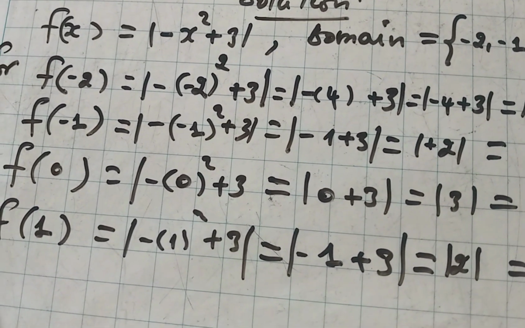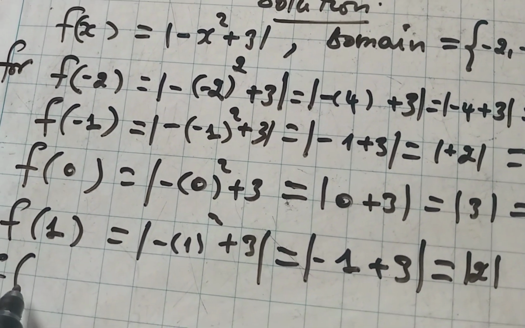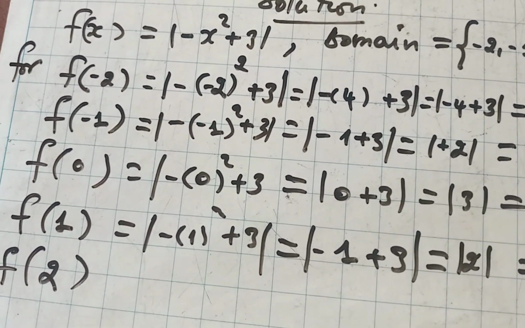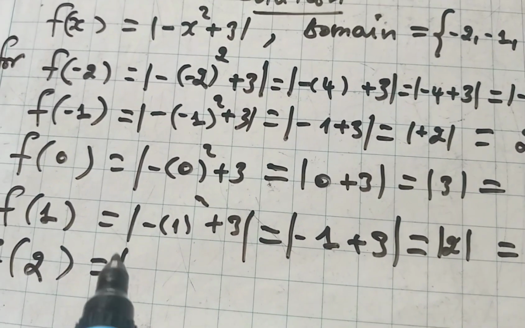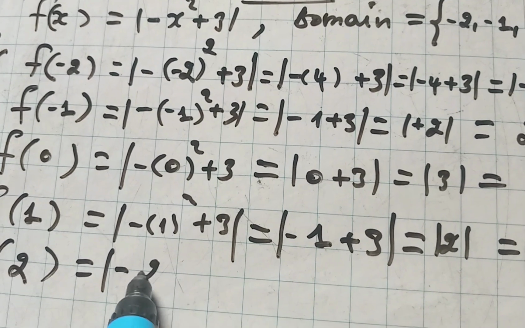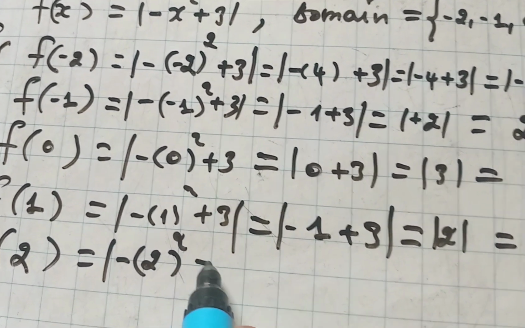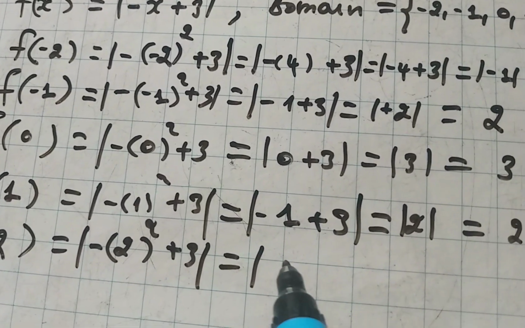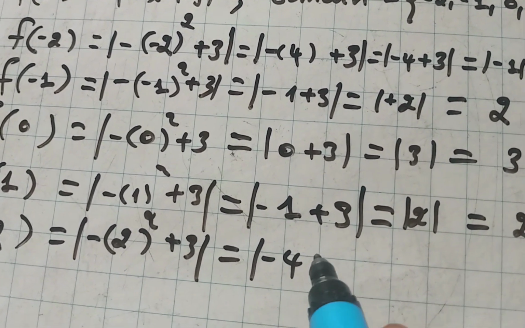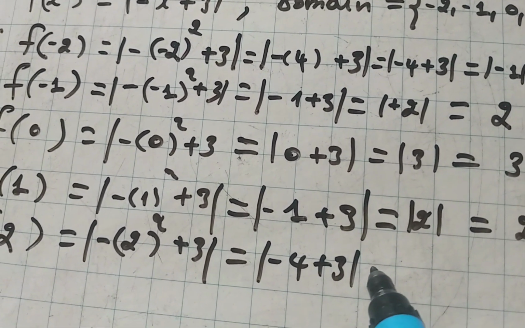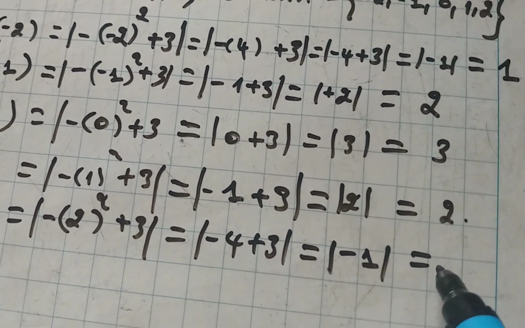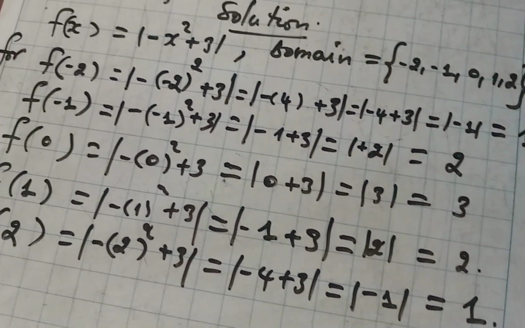I have also for f of x, now this x is going to be 2 as in the domain. Now it is absolute value of negative 2 squared plus 3, which is equal to the absolute value of negative 4 plus 3. Now it is equal to the absolute value of negative 1, which is equal to 1.